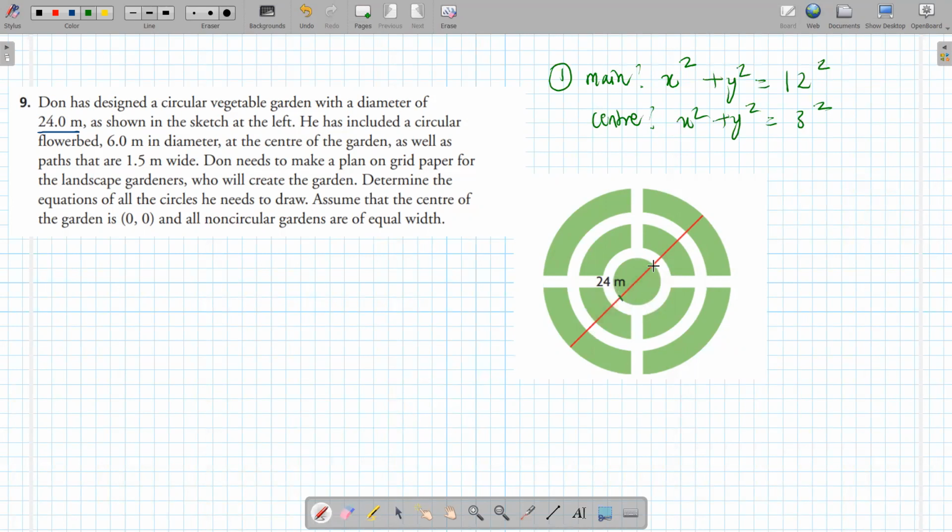It says the paths are 1.5 meters wide. So I don't know what that is. Is that this distance? It must be this distance, the width of a path. So what's the equation of this circle here?